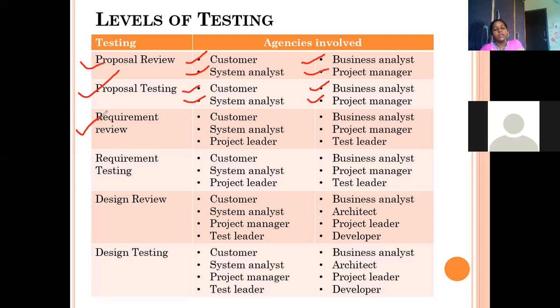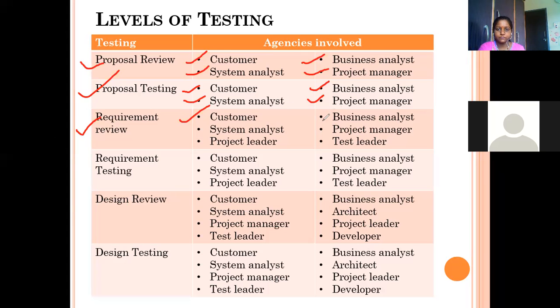So here the agencies involved are definitely the customer. Why customer? Because his product is there. He wants this particular application to be launched. So that's why the customer will be involved in this.